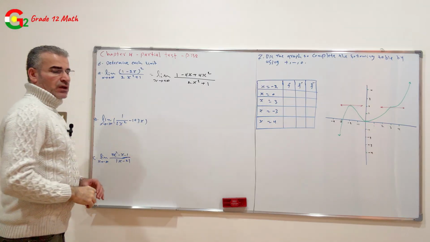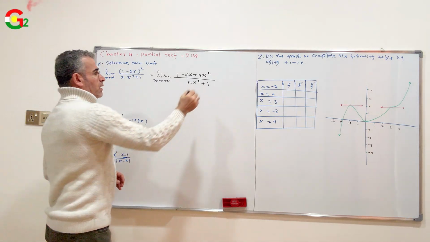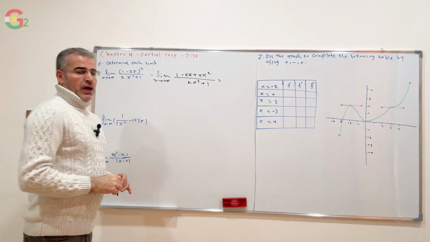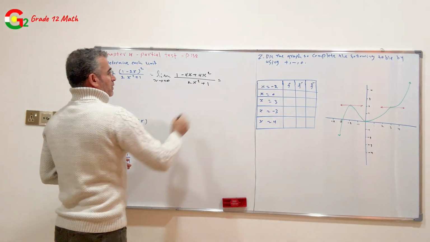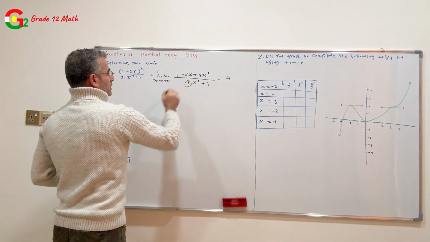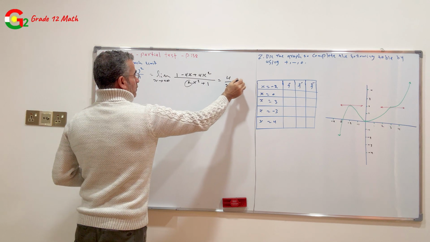Since the degrees of the numerator and denominator are equal, the answer is the coefficient of the leading term in the numerator, 4, over the coefficient of the leading term in the denominator, 2, which equals 2.